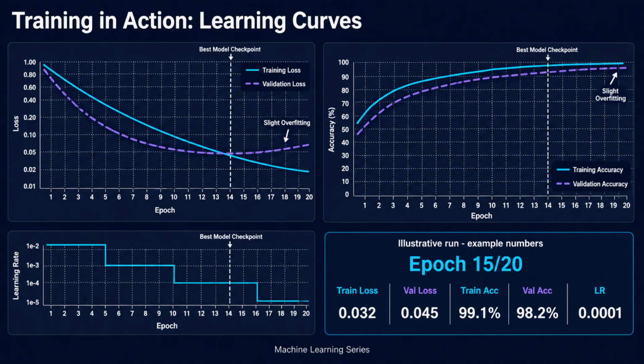Next comes the backward pass, where we call the backward method on the loss to compute gradients for every parameter via backpropagation. Finally, the optimizer updates the weights using these gradients. We must remember to zero the gradients before each backward pass, otherwise PyTorch accumulates gradients across iterations. After each epoch, we evaluate on the validation set to monitor for overfitting.